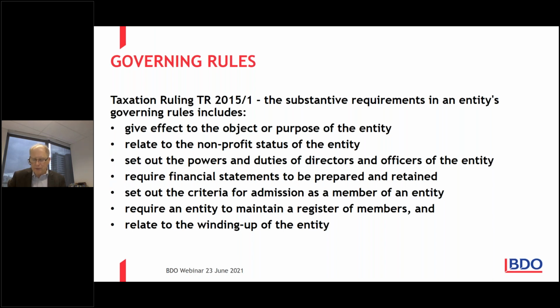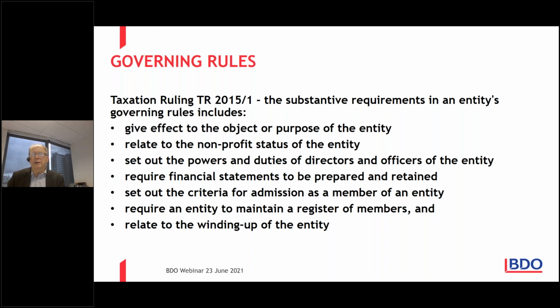So it often says you must do financial statements. Set out the criteria for the admission of members, require a register of members, and for the winding up, which traditionally will focus on to whom it can go, that it can only be to another organisation of a like purpose.